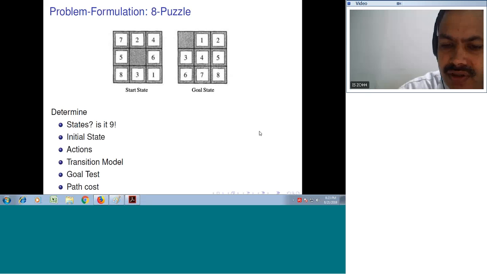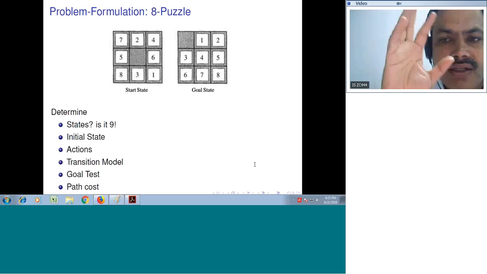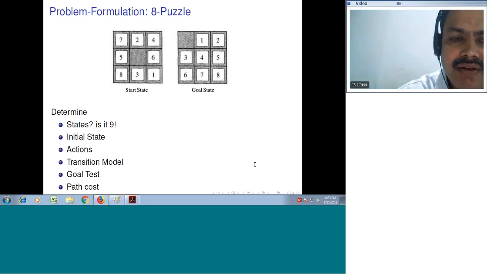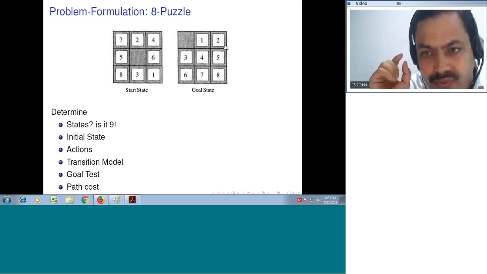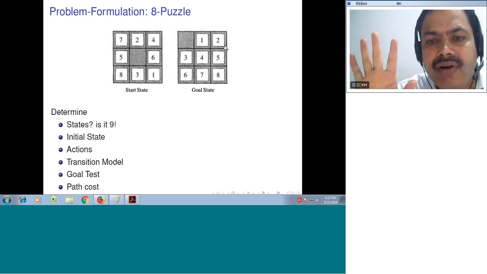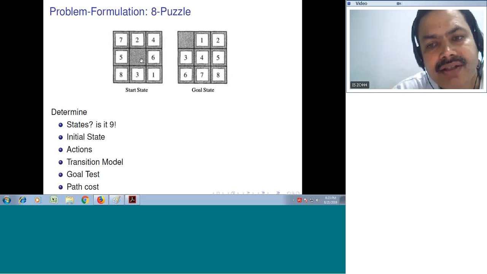There is a question. Why, sir? Can you please explain why factorial 9 is divided by 2? I told you that factorial 9 is divided by 2 because you can construct any situation. But my point is that if you create this particular board position, whether you would be able to reach the goal state or not. People have identified that half of the states, if you construct them like this, cannot reach the goal state.